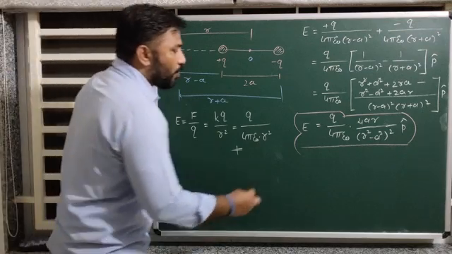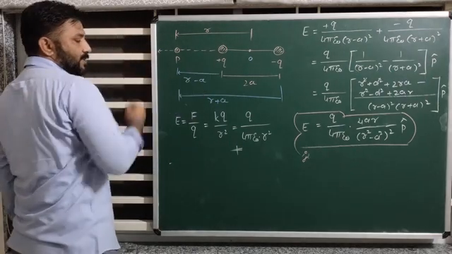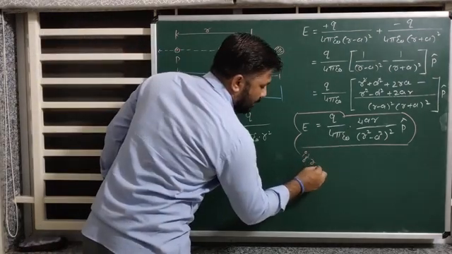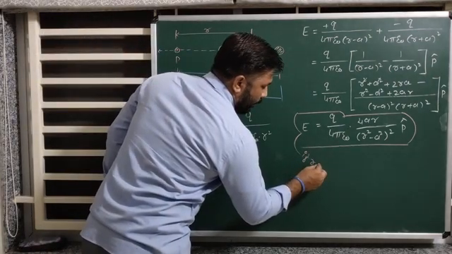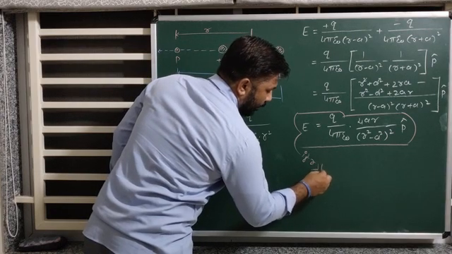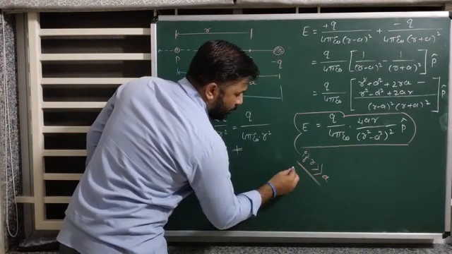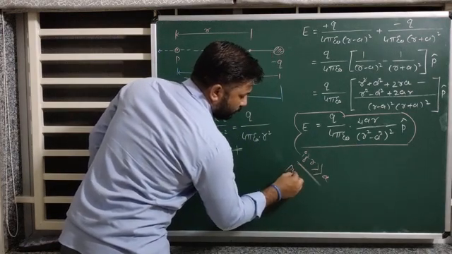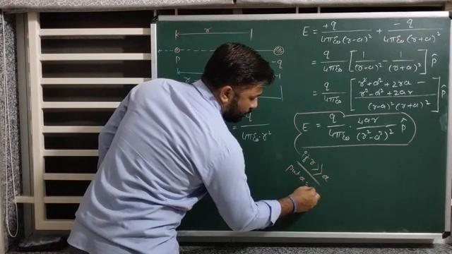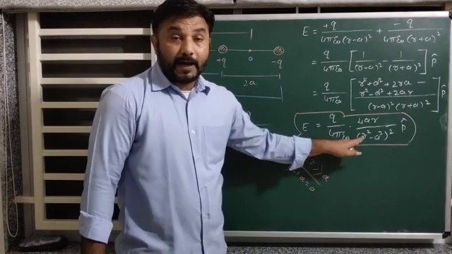There is one more question. If r is very much greater than a, then in the above equation put a equal to 0 in the bracket term.